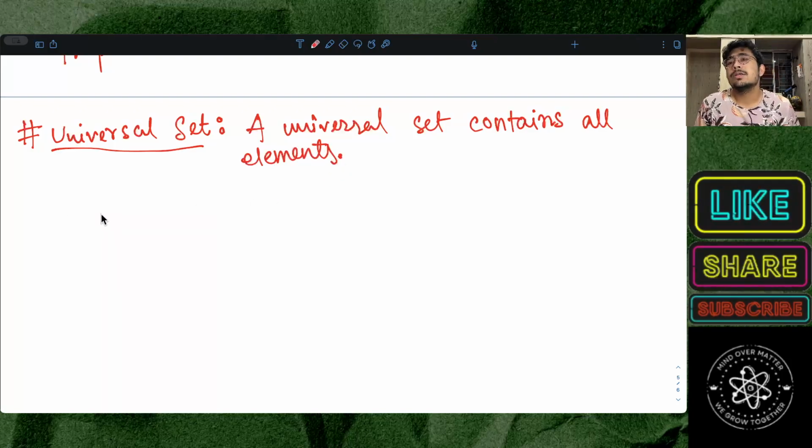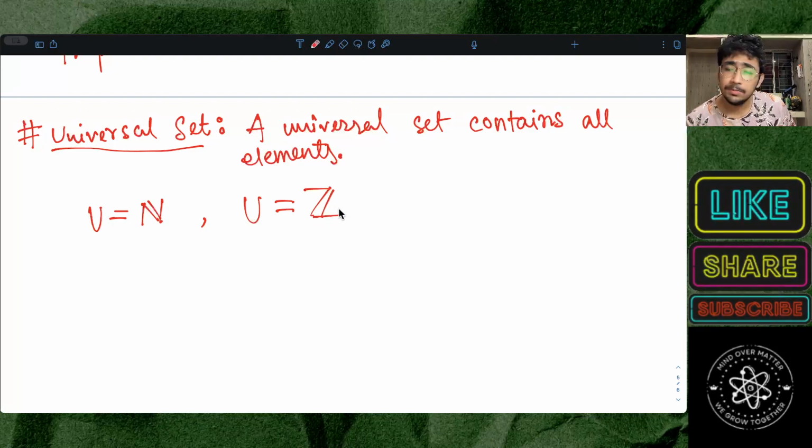Suppose we are talking about natural numbers, then the universal set will be the set of all natural numbers. Suppose we are dealing with integers, then our universal set will be the integers, and just like that.